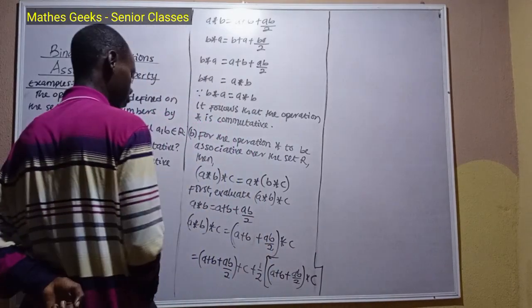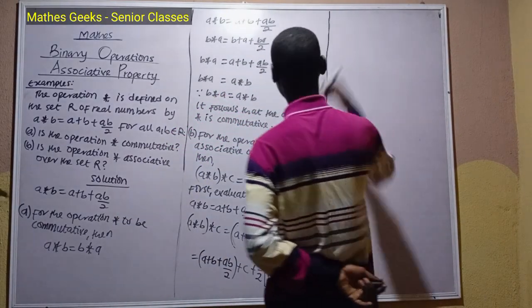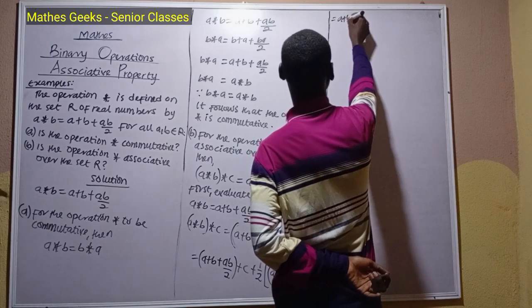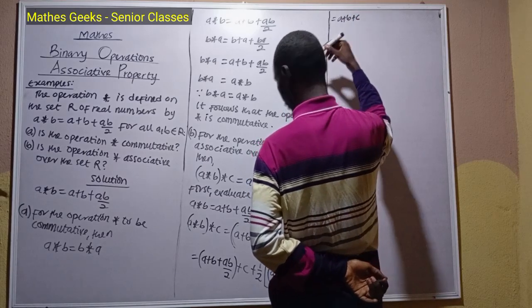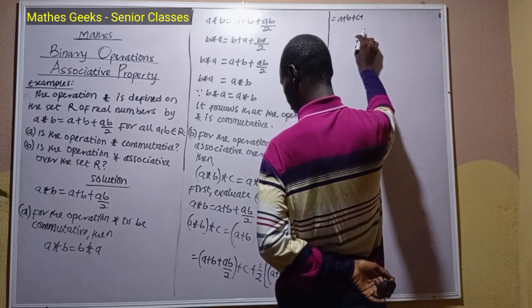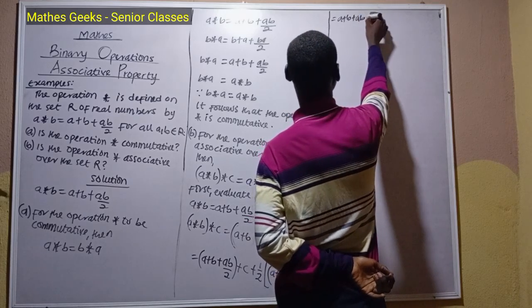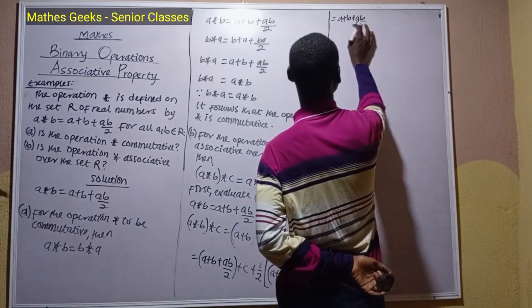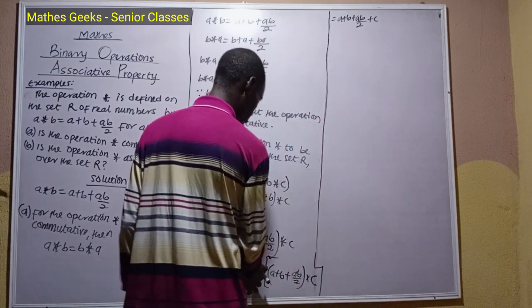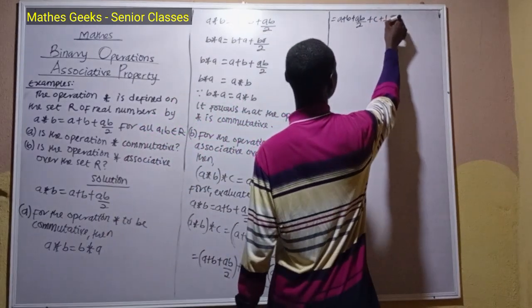So let's go on. So this will give us A plus B plus C plus, A plus B plus AB over 2 plus C, okay, plus, so let's simplify what's in the bracket, plus half.